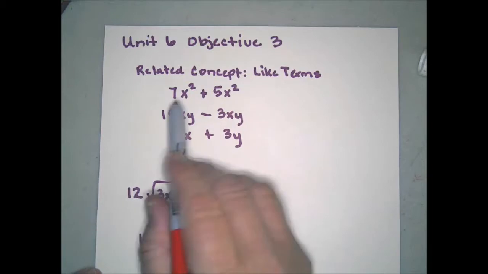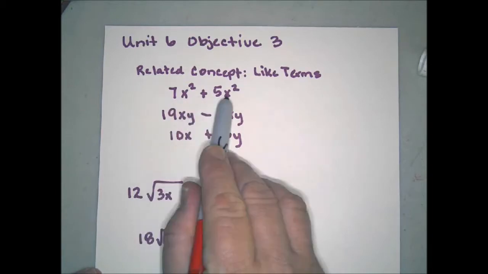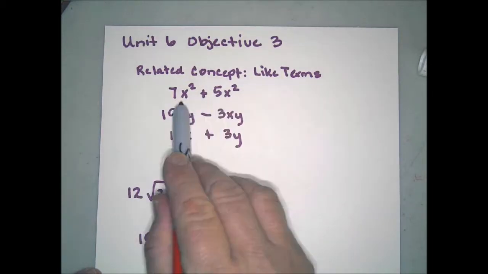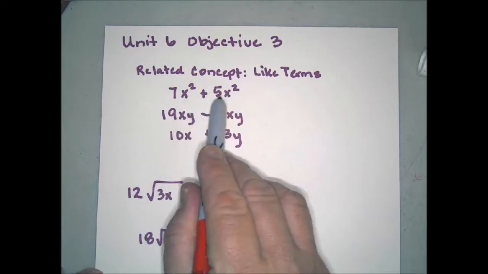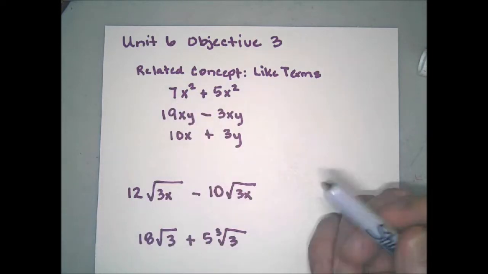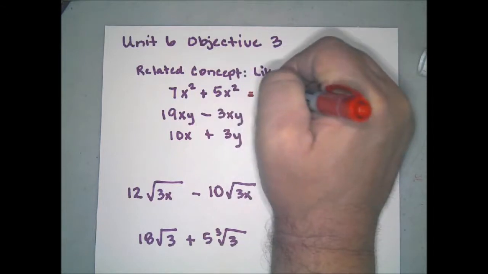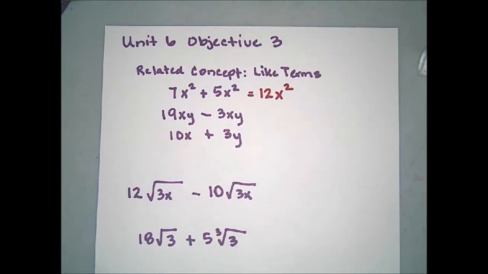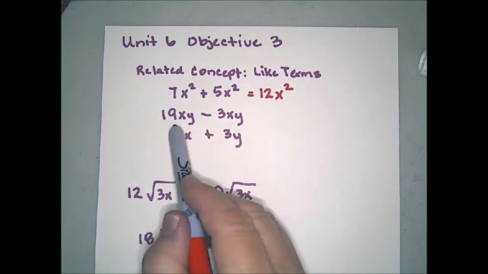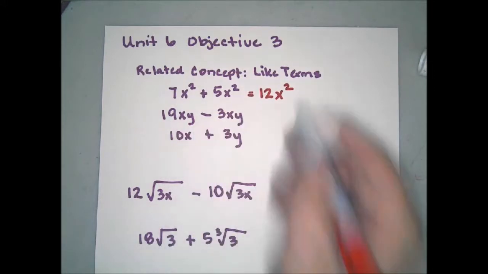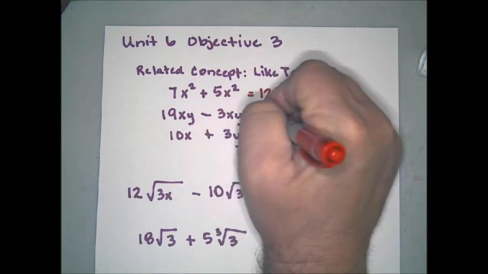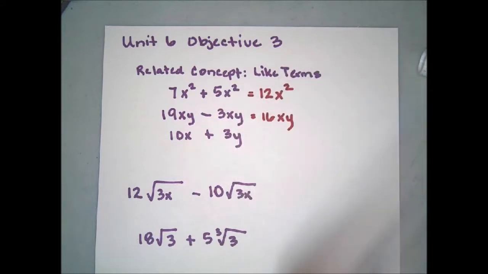The reason these two things can be added together is they're both terms of x squared. So 7x squared plus 5x squared simply is 12x squared. 19xy minus 3xy is 16xy.